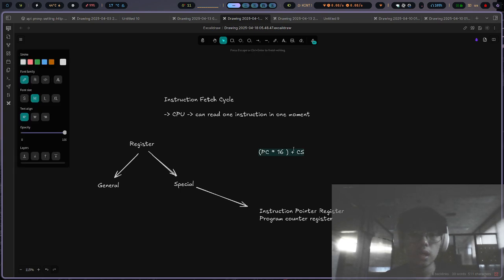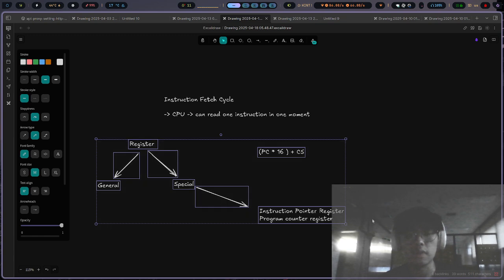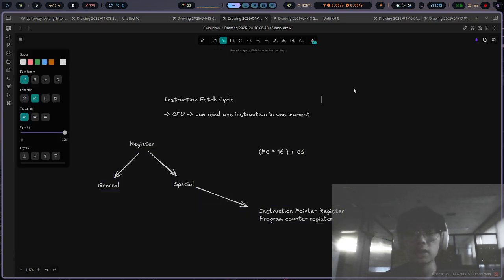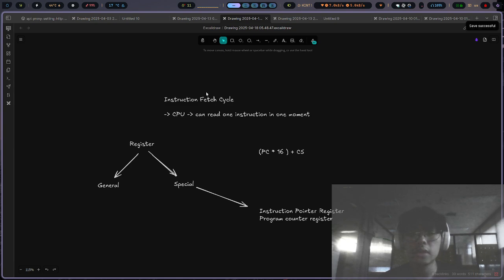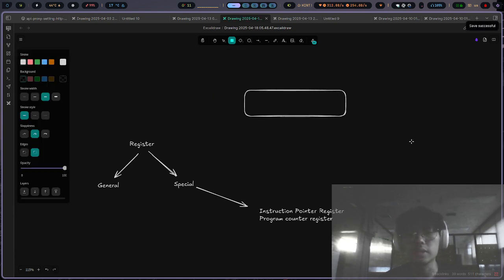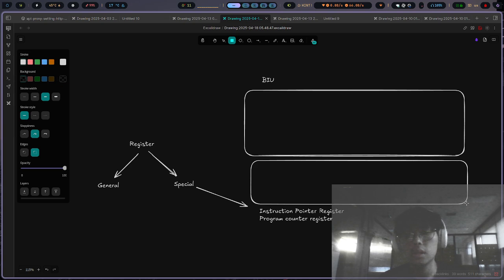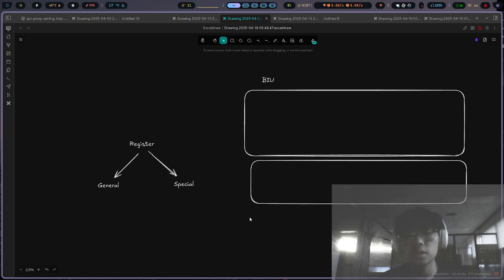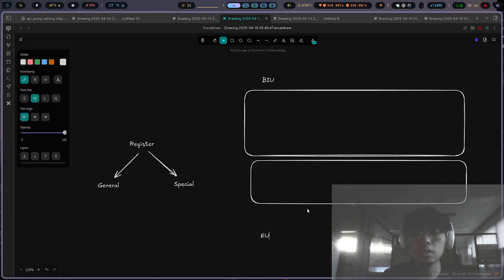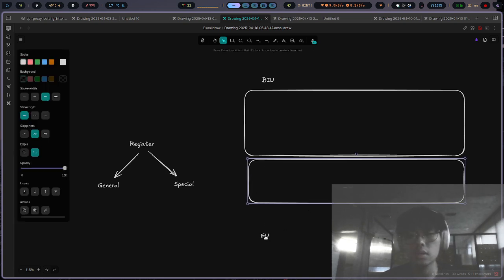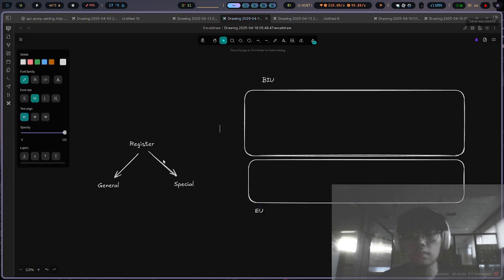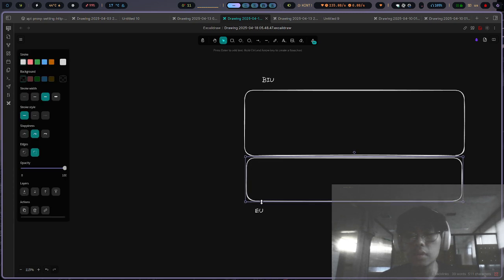And that's where we process all this, but in x86 there's a big diagram, I forgot, with the BIU and the EU.